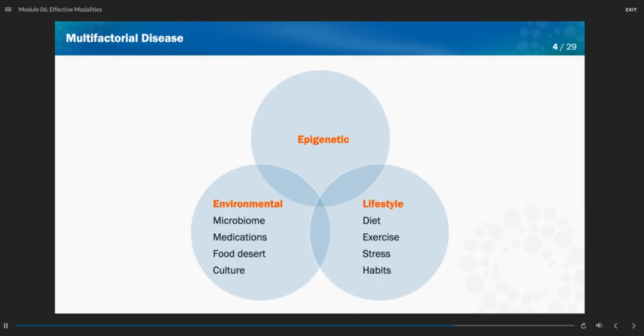And very pertinent to this series and this lecture, lifestyle choices, such as type of food that we eat, our exercise choices on a daily basis, stress via the cortisol mechanism, and our regular habits all impact the susceptibility and development of type 2 diabetes.